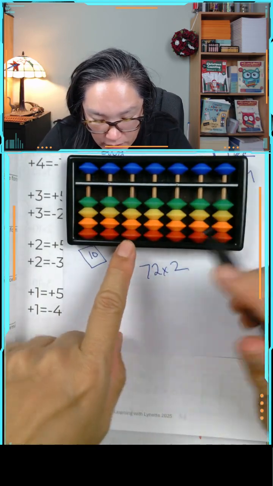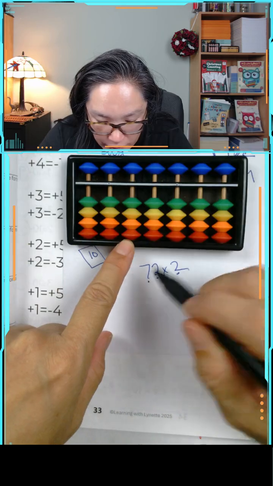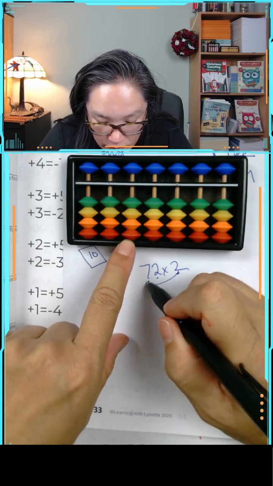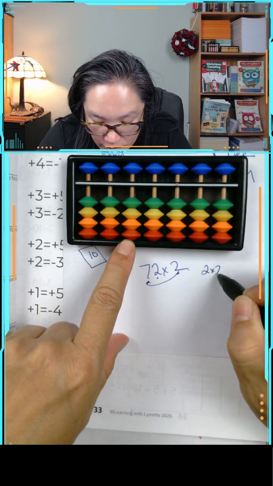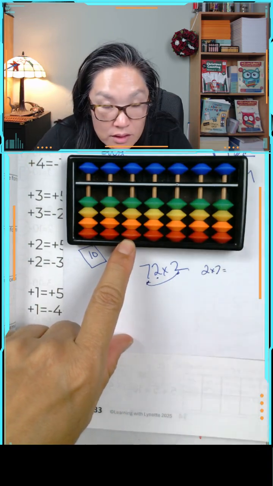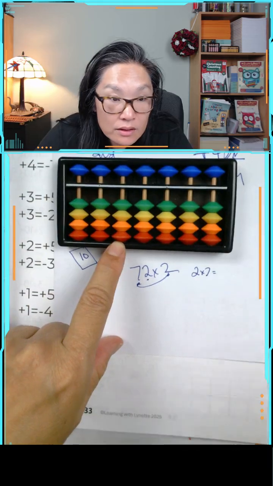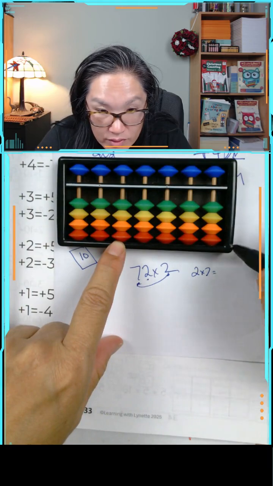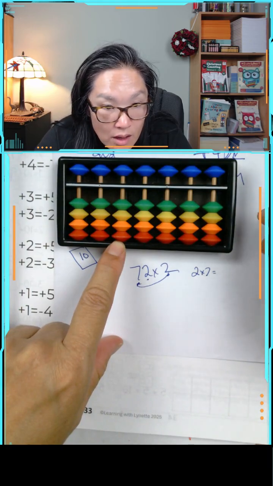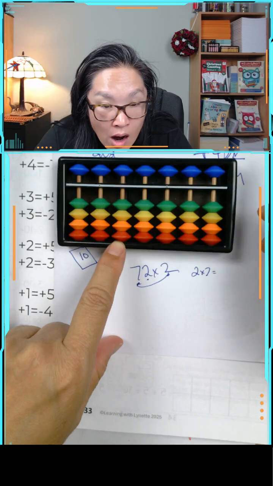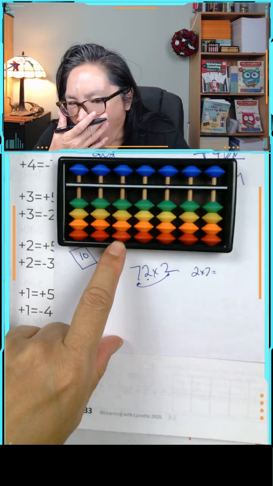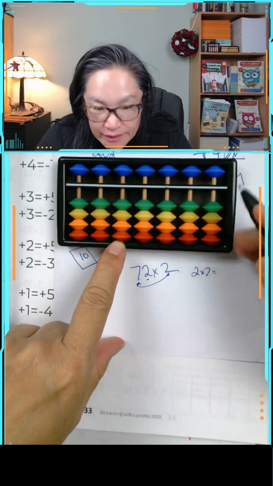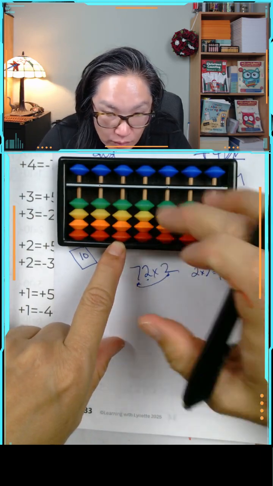1, 2, 3. 7 times 2. 7 times 2 is what? What is 7 times 2? 7 times 2 is 14. Add the 1.